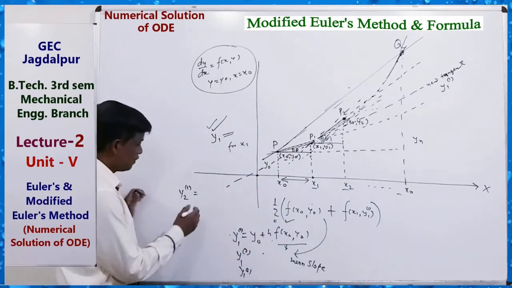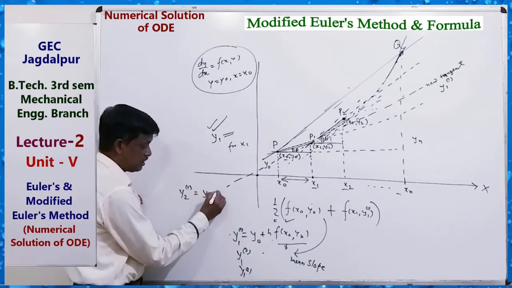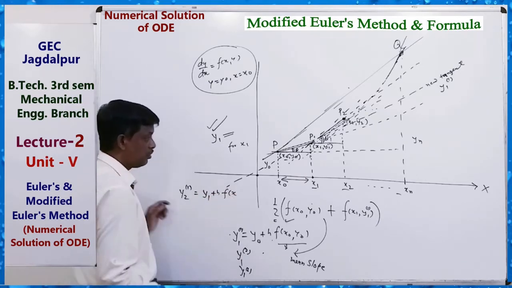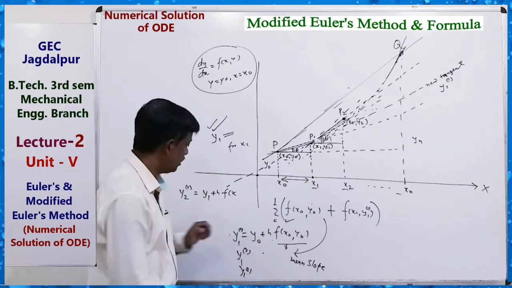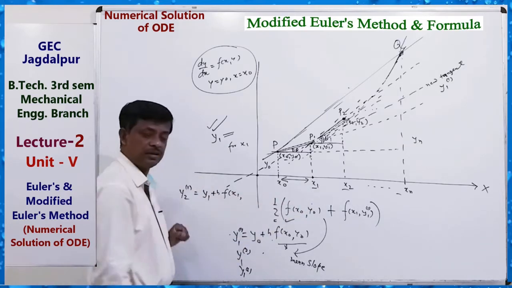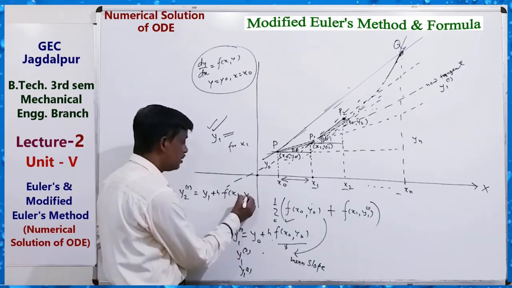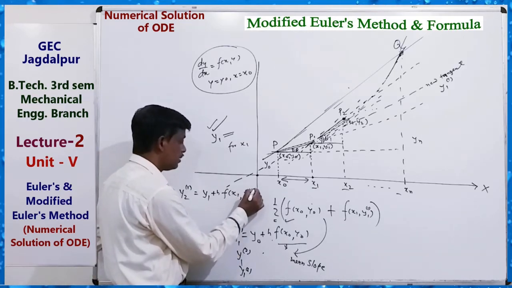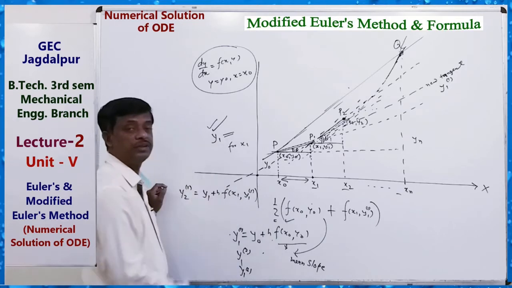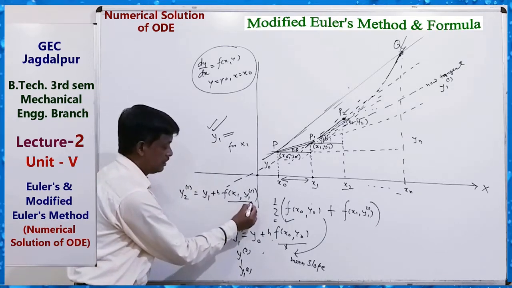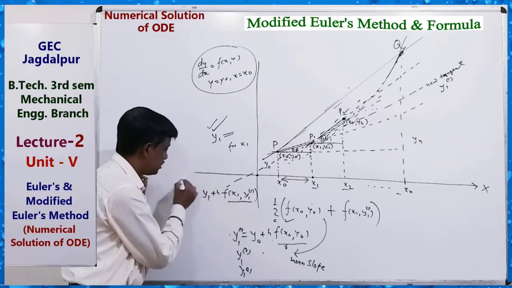That is y1 plus h times f(x1, y1), the previous value of y. Okay, just like this. And this is the first approximation.